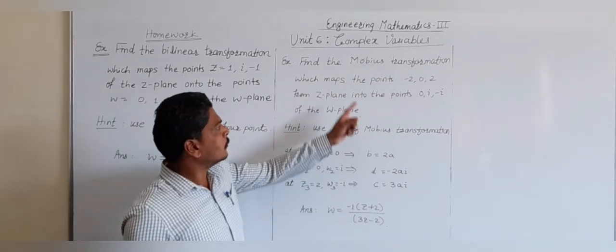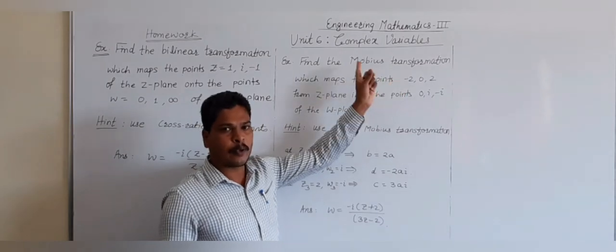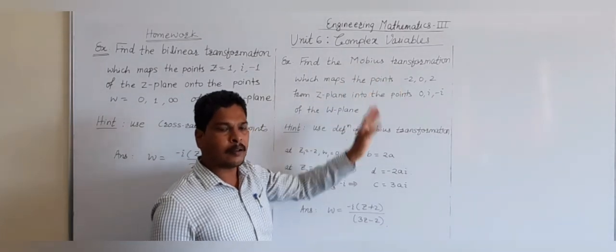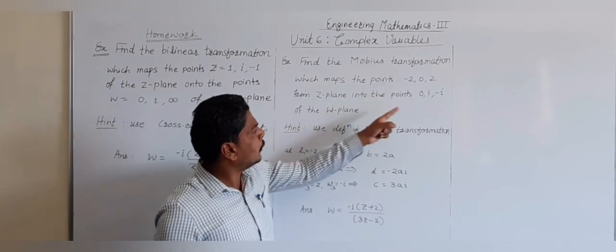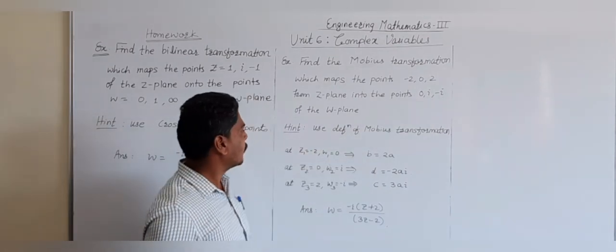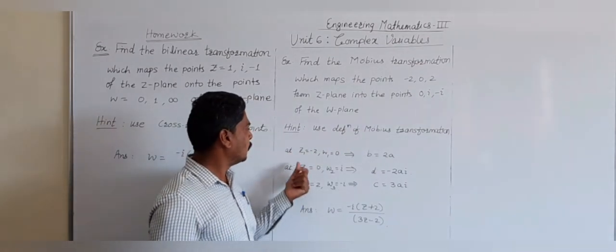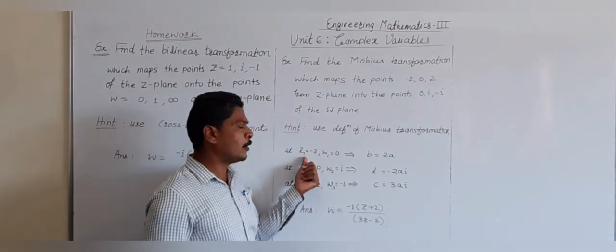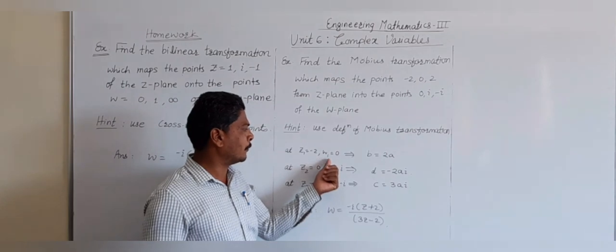And this is another example in which we need to find the Mobius transform. Mobius transformation means bilinear transformation. Here, in the values of Z and W, no value is infinity, so that's why we use the definition of the Mobius transform. Initially, instead of Z we use Z1, and instead of W we use W1.